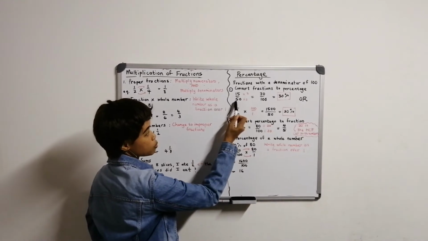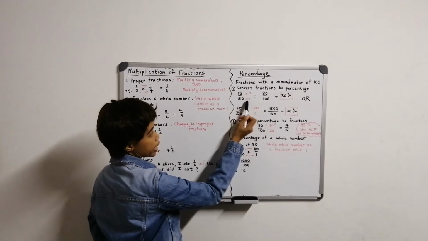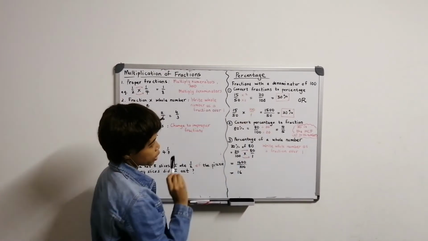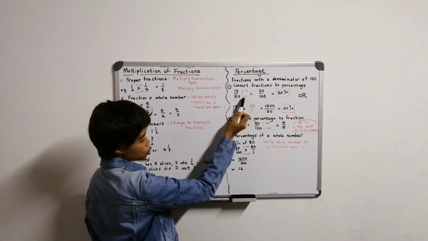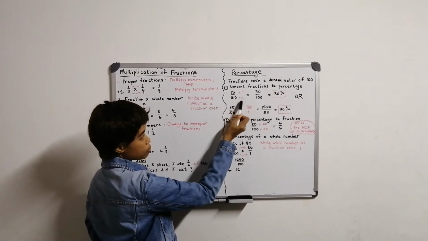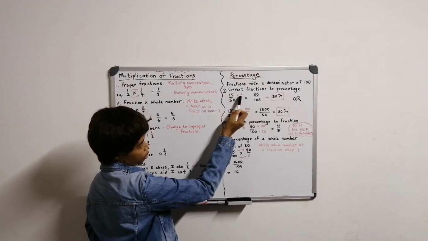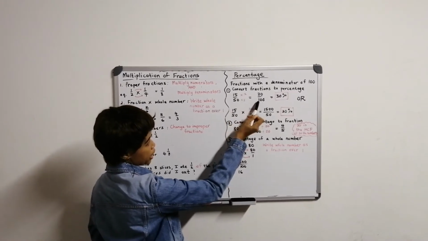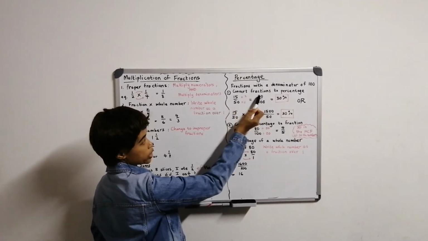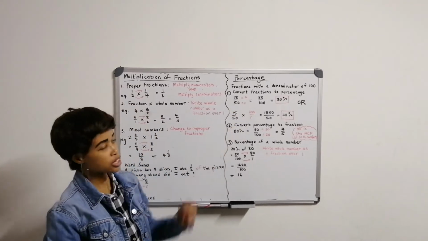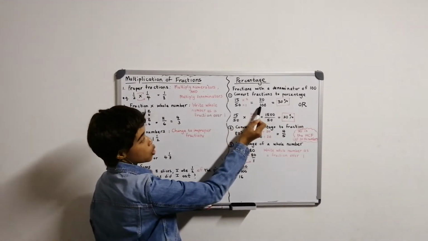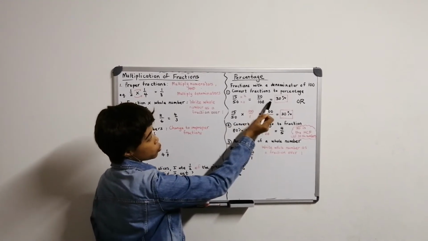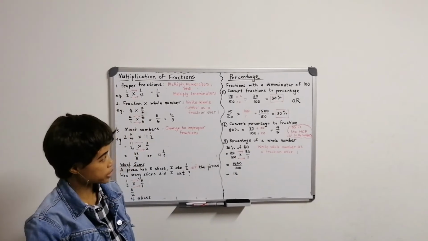First, you can multiply the denominator by a number that will give you a denominator of 100. So it's 50 times 2. Whatever you multiply the bottom by, you must multiply the top by. So 50 times 2 is 100, and 15 times 2 is 30. 30 over 100 is a fraction with a denominator of 100, which gives us 30%.